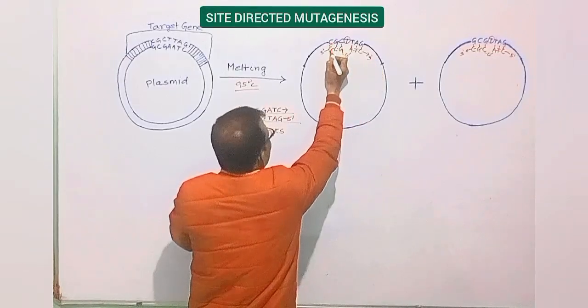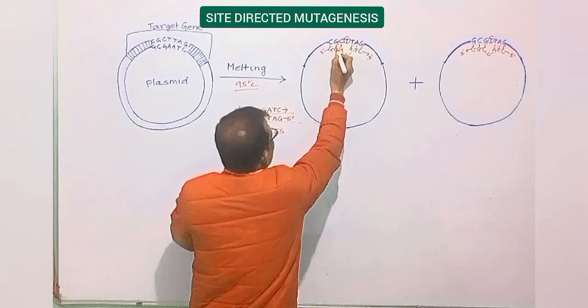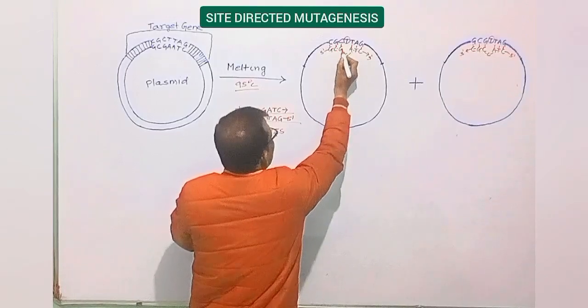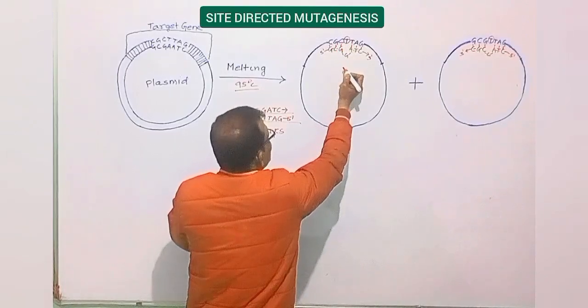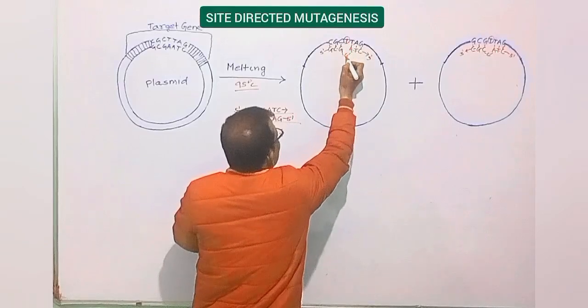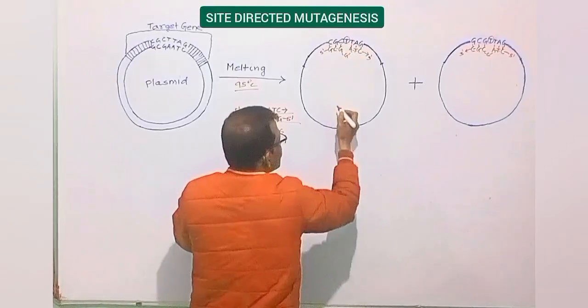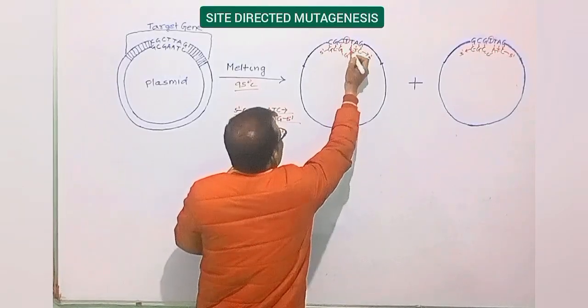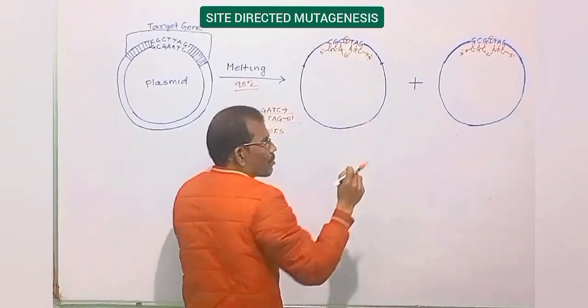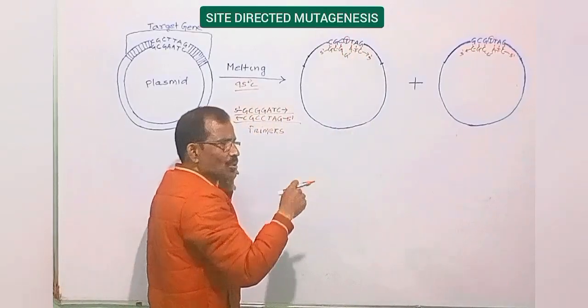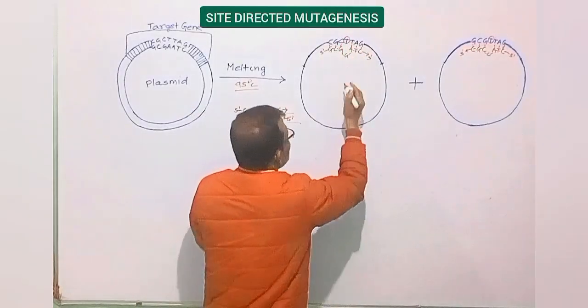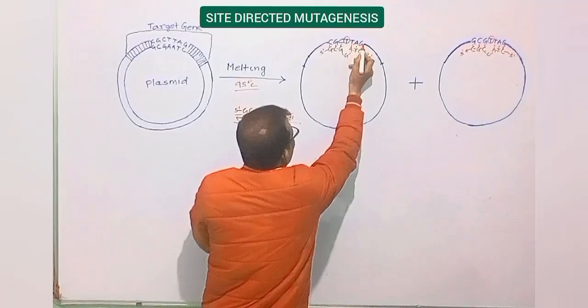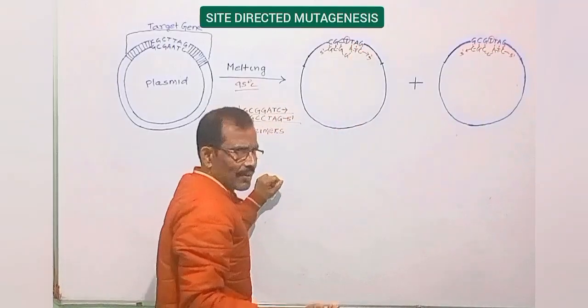C is complementary to G, G is complementary to C, C is complementary to G, but T is not complementary to G. So this is the single nucleotide substitution that we are using during this process. Remaining nucleotides are complementary.